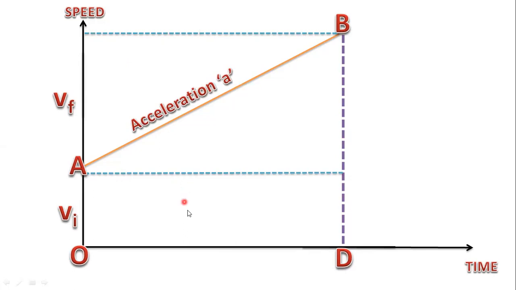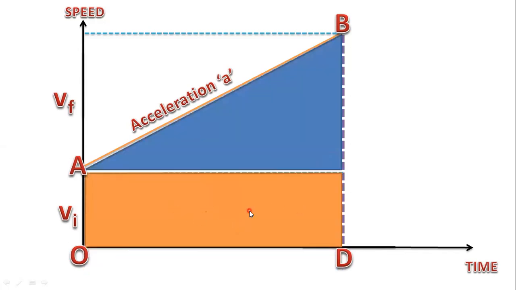Now we have two figures: a rectangle and two equal triangles. One is a rectangular area, shaded in this color, and the second is a triangular area.